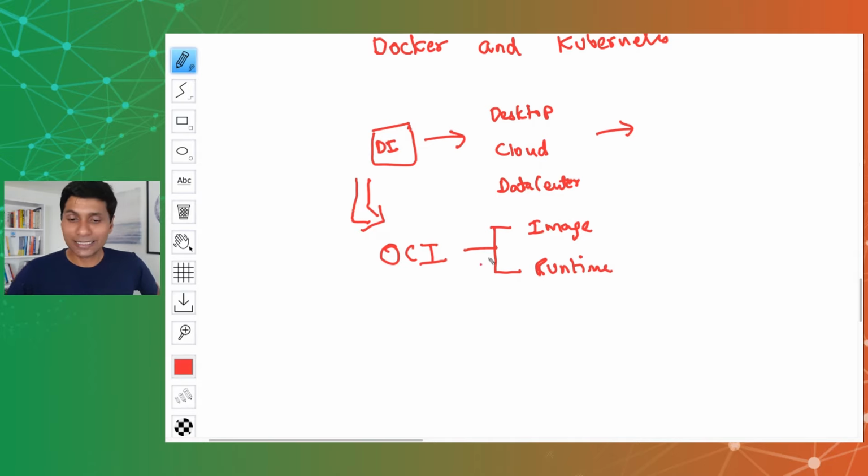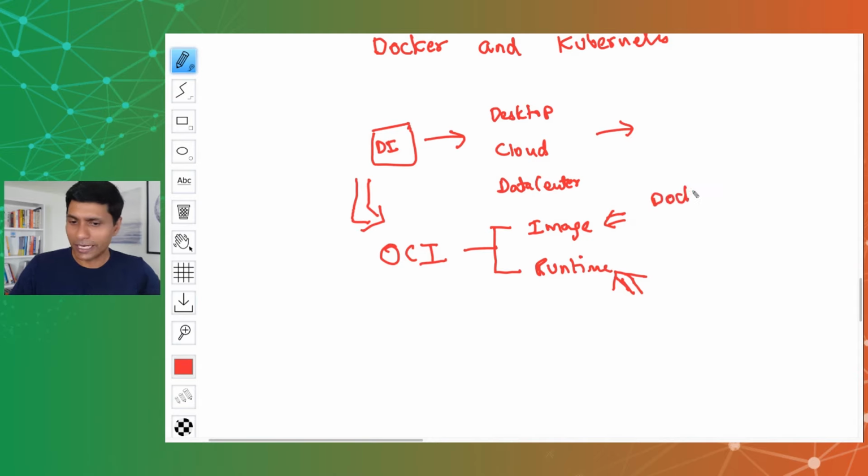So OCI defines a standard for how you can build a Docker image and how a container runtime should be able to identify the image and run it. So it defines standards for both. As long as your application image adheres to that, you can run it on an OCI runtime. So if you build an OCI standard image, you'll be able to run it on an OCI standard runtime.